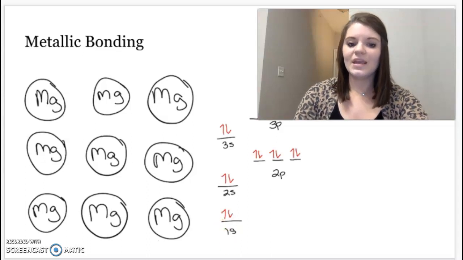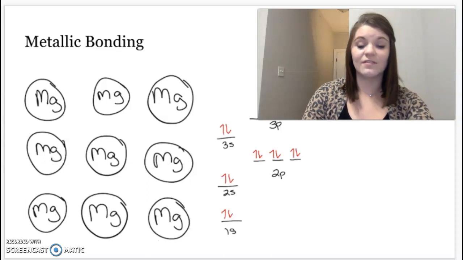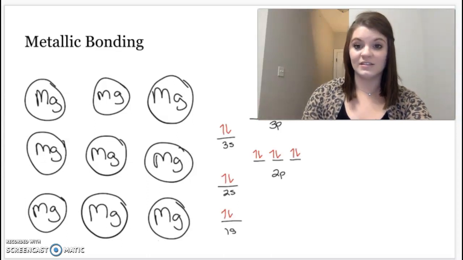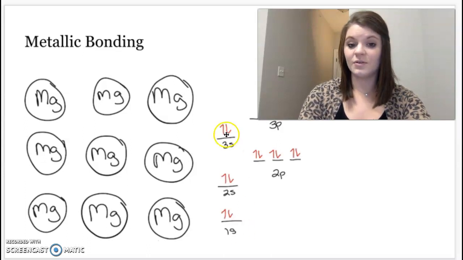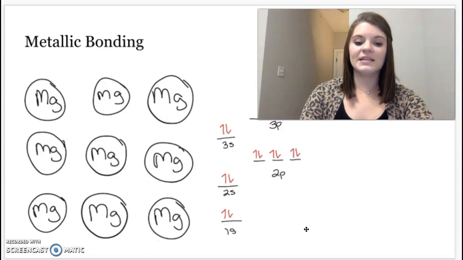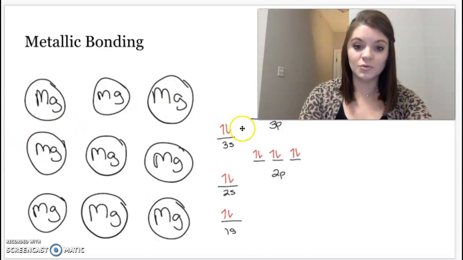Okay, and we know from the photoelectron spectroscopy graphs that the further an electron is away from the nucleus, the easier it is to move. Okay, so here we have 2 electrons that are decently far away from the nucleus compared to these other electrons. Okay, so every magnesium atom in this crystal lattice is going to lose these 2 electrons.